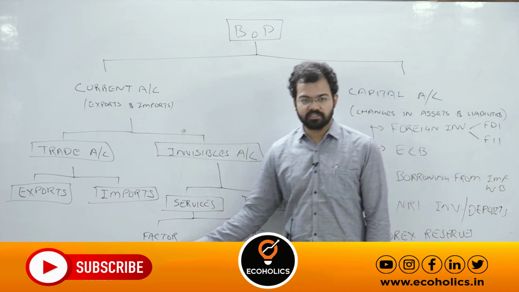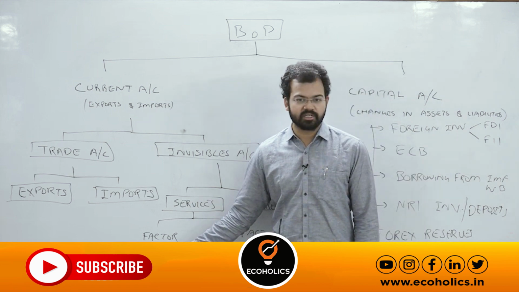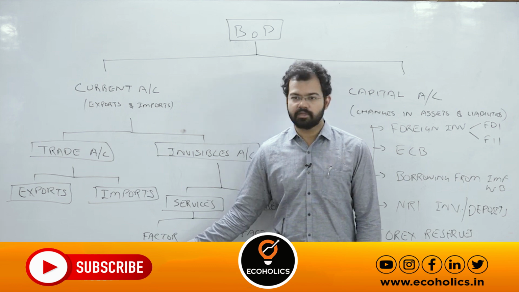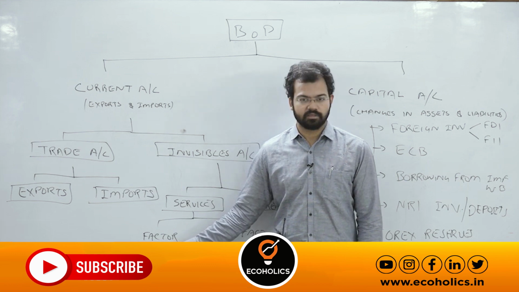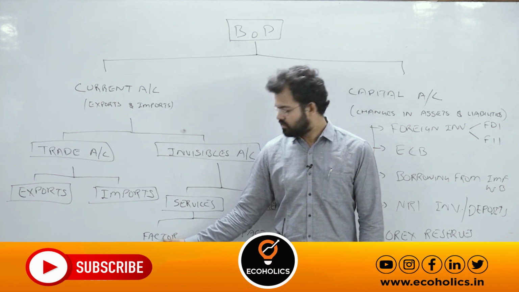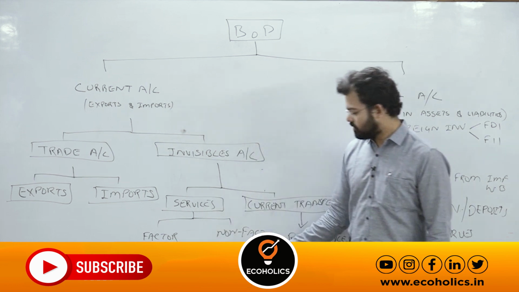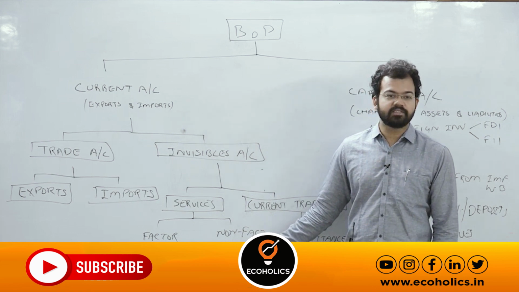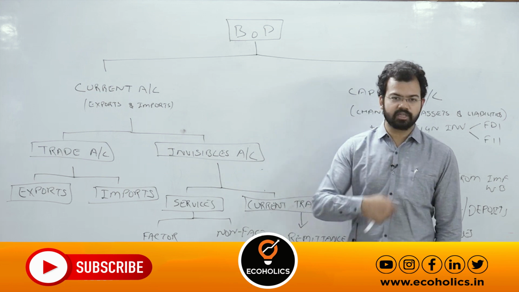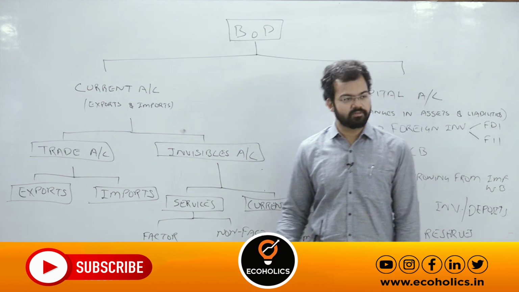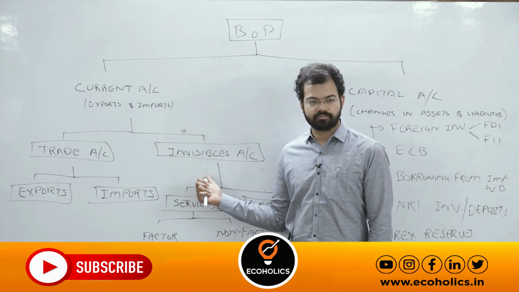Services like factor services. Factor of production, there are 4 types, if you remember the first class, basics. Factor of production like wages, rent, profit, etc. These are factor services. Non-factor services like consultancy. If I am giving you certain kind of advice, these are not goods. This will come under the invisible account.